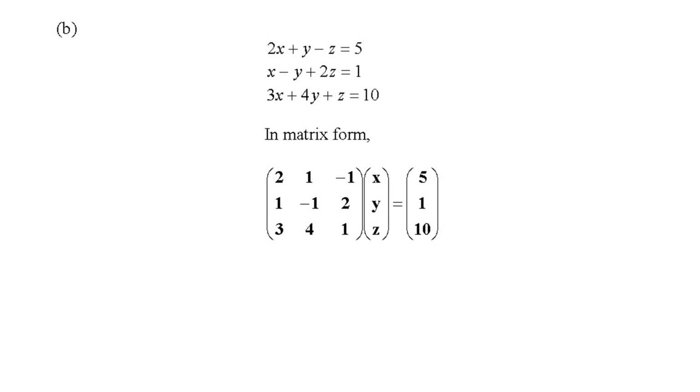Okay, so first write that system in matrix form, and in order to work out x, y and z, remember you need to pre-multiply the equation by the inverse of the coefficient matrix on the left hand side of that equation.